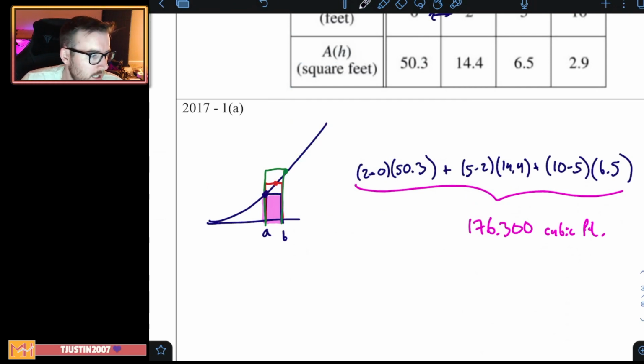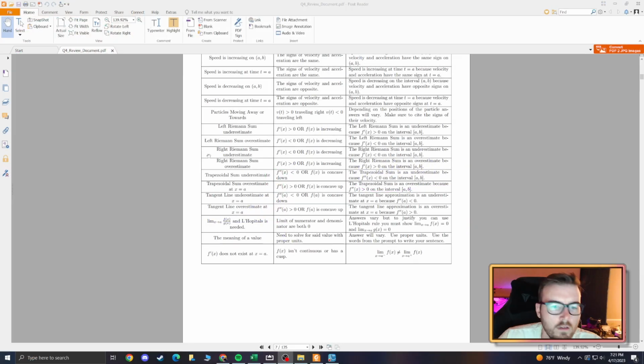So if I pull up my lovely common justifications and whatnot, let me jump to that real quick for you. There is a part here where left Riemann sum underestimate: f prime of x is greater than 0 or f of x is increasing. So you are underestimating if your function is increasing and you are overestimating if your function is decreasing.